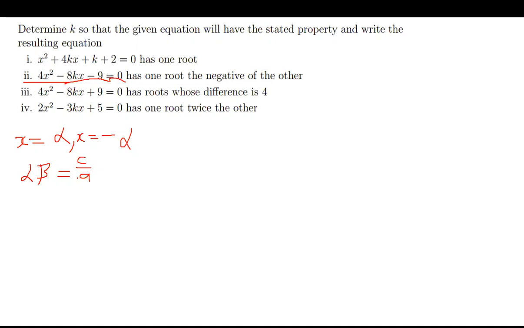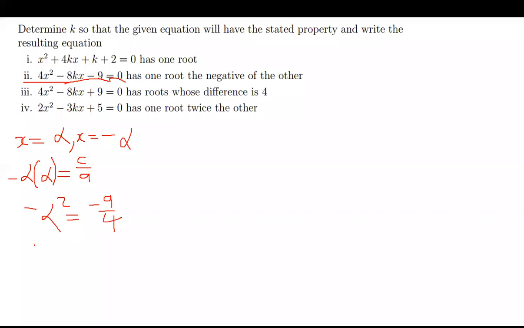In other words, we don't have beta, we just have alpha and another alpha. So instead of writing alpha times alpha, we're going to write alpha times negative alpha. So here we're going to get negative alpha squared being equal to, c according to this equation is negative 9, over a, which is 4.